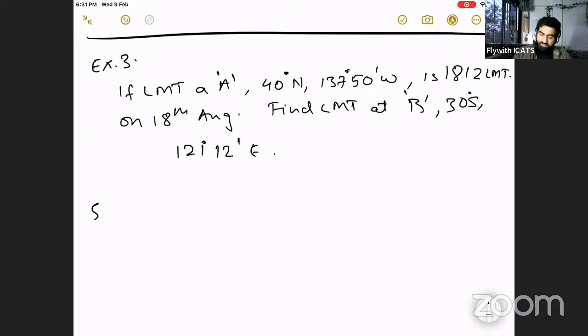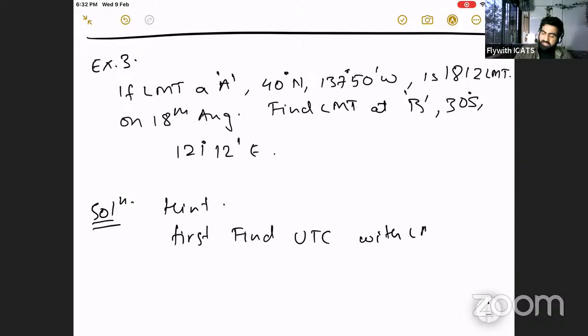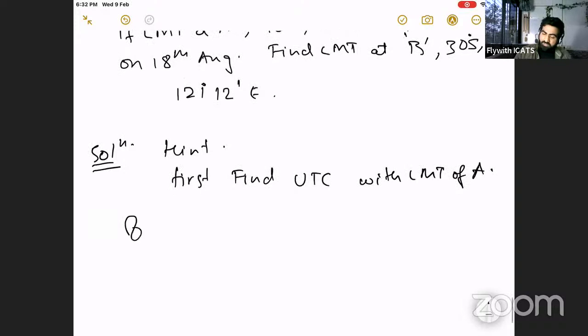I'm going to give you a hint, students. Rest you will solve. First, find UTC with LMT of A. Then use that UTC and find LMT of B. Simple.